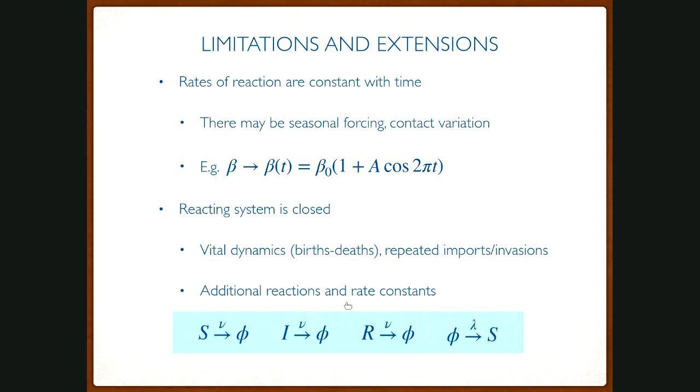So for example, S, I, and R, or basically any person in the population dying with some rate nu, and then susceptibles being born. This phi just means comes from nothing, so this being born with rate lambda, and you could then describe fluctuations in population on top of the epidemic.